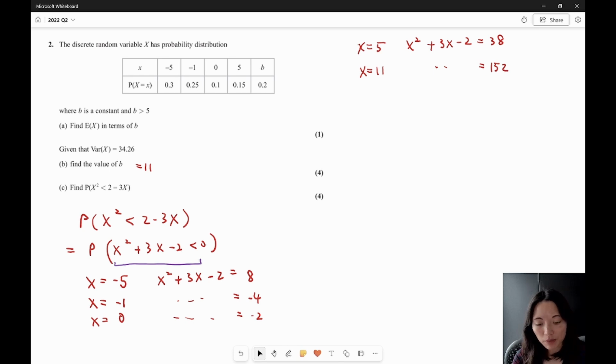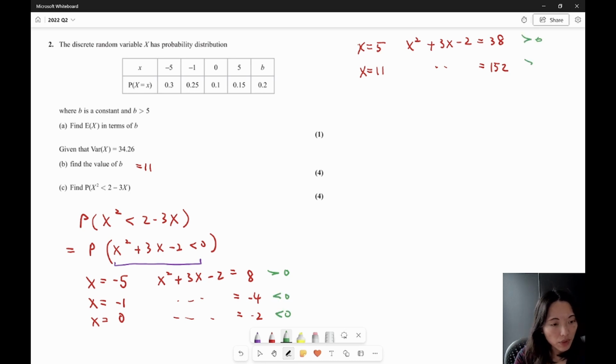Now, looking at all these possible values of x squared plus 3x minus 2, the first one is greater than 0. The second one, when x is minus 1, the expression is minus 4, so that's less than 0. Minus 2 is less than 0. That's greater than 0, greater than 0.